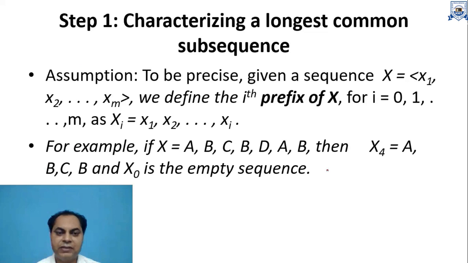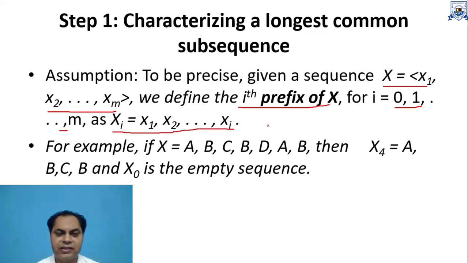As per the first step of dynamic programming, we have to characterize the solution. So our solution is to find the longest common subsequence, and here we characterize the longest common subsequence. For that purpose, let's consider assumptions. For a given sequence X, which contains m characters, we define the ith prefix of X, where i goes from 0 to m, as Xi = x1, x2, ..., xi.